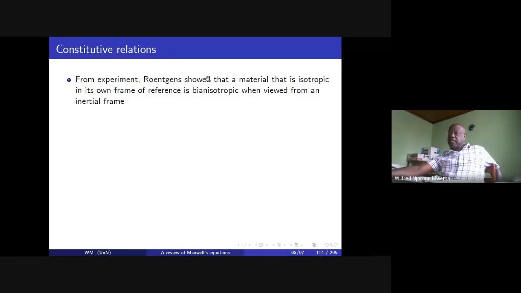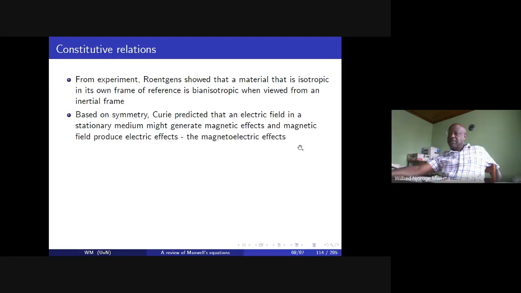So from experiment, Röntgen, the discoverer of X-rays, showed that a material that is isotropic in its own frame of reference, that is laboratory or non-moving frame of reference, will be anisotropic when we view it from a moving frame. That is, if we have a coordinate system that is moving and we try to measure or characterize a material that is in a stationary frame, then the material will appear to us to be anisotropic, which is the general case.